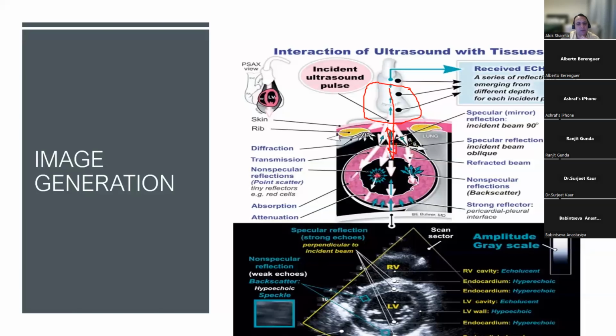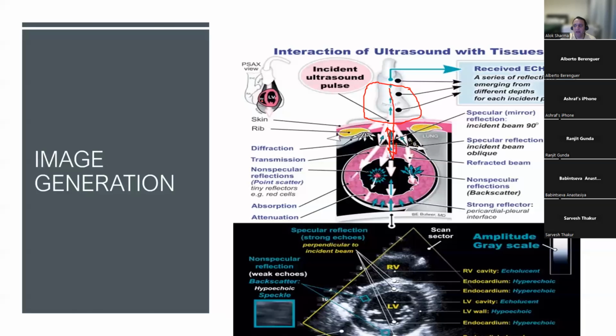It also makes an assumption that whatever tissue the sound waves are passing through and interacting with is uniform. It's one density. So actually the sound waves should interact with that tissue in a uniform manner and come back to us so that we generate an image which is of a certain consistency and quality. But actually, what we know is that when we generate sound waves using the ultrasound machine, we tend, from our perspective, to have a variety of different things which basically interact with the sound waves.